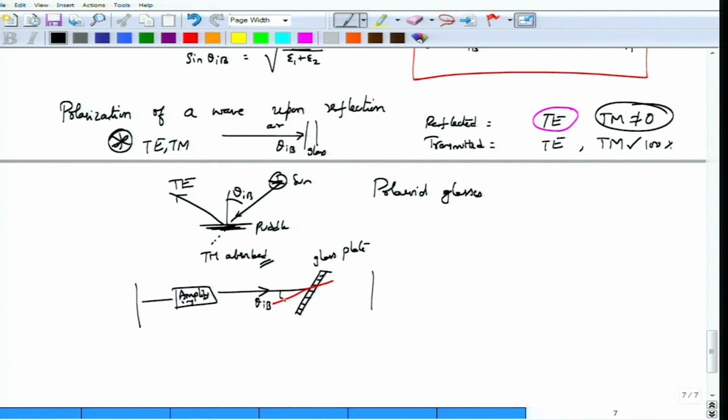When this is at a Brewster angle, the light that is getting reflected will be entirely TE, and the light that is passing through will be TM plus some amount of TE. So there is some reflection and some amount of TE that is passing through, and over the round trip propagation many times, when it comes back and forth, it's only TM which survives, and the TE wave gets reflected off, thereby giving you a single polarization of the laser light.